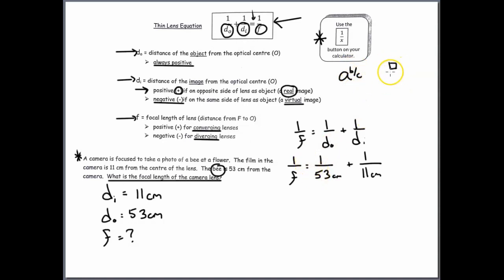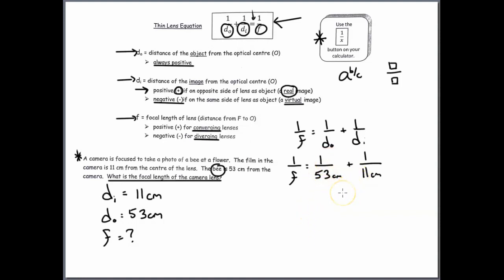Some calculators just look like this. So you'll have to figure out what your calculator is like. If you want to learn more about how to use your calculator, you can go to my playlist on my channel, as I have an entire playlist for how to do all these different things on your scientific calculator that you probably never even knew existed or that you could do.